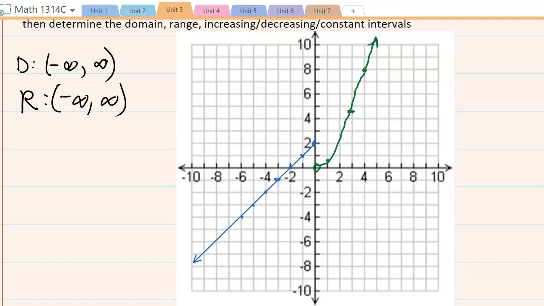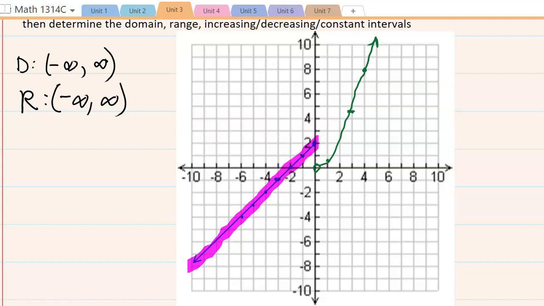Now let's decide about our intervals. I'm going to see if I can find the little baton, I guess. We'll do it in a highlighting. We're going to start from the far left and see what's happening to our y values. We can see our y values are constantly increasing, then they stop there.